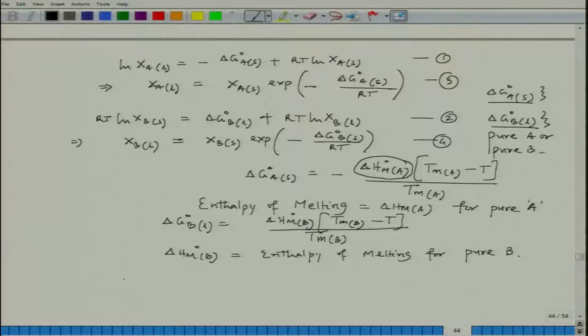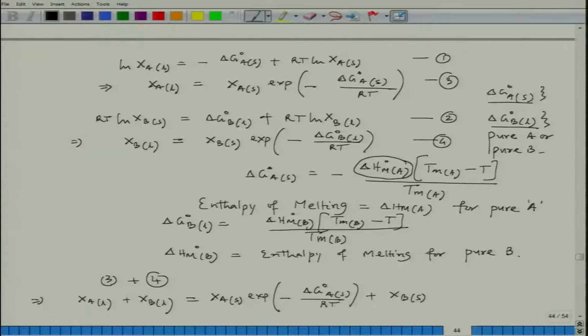Now, if we add up equation 3 and 4, we come to XAL plus XBL equal to XAS exponential minus delta G0 AS by RT plus XBS exponential minus delta G0 B liquid by RT.